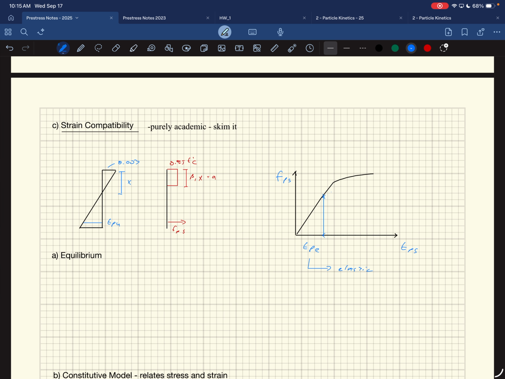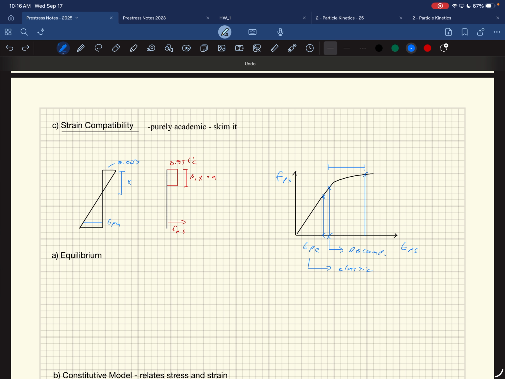Then there's another strain that goes right here, and we'll call that decompression. And then there's the last one right here. That strain out there would be epsilon pu.